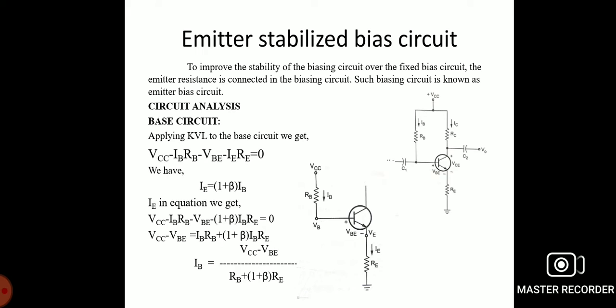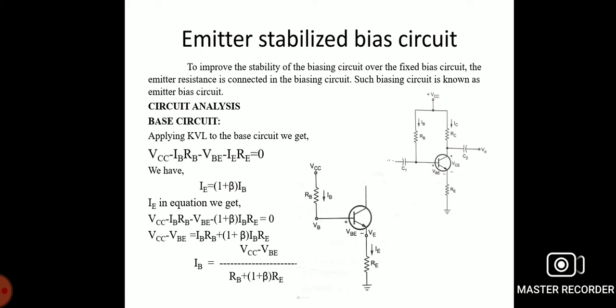So it can be simplified: the supply voltage VCC minus the base emitter voltage VBE is equal to the base current times the base resistance plus 1 plus the current amplification factor beta into the base current and the emitter resistance.